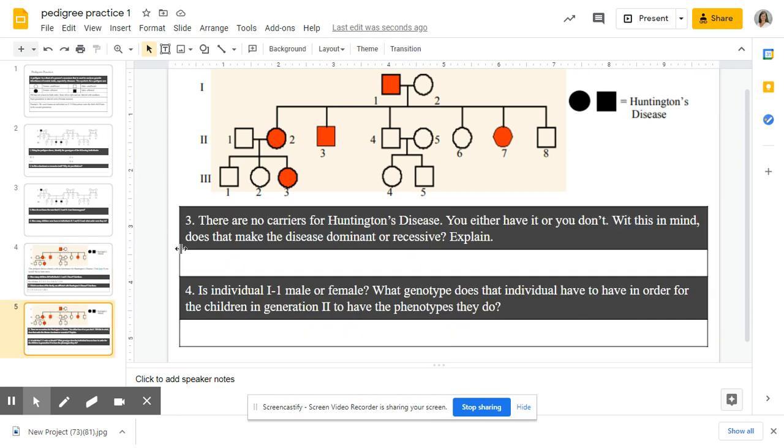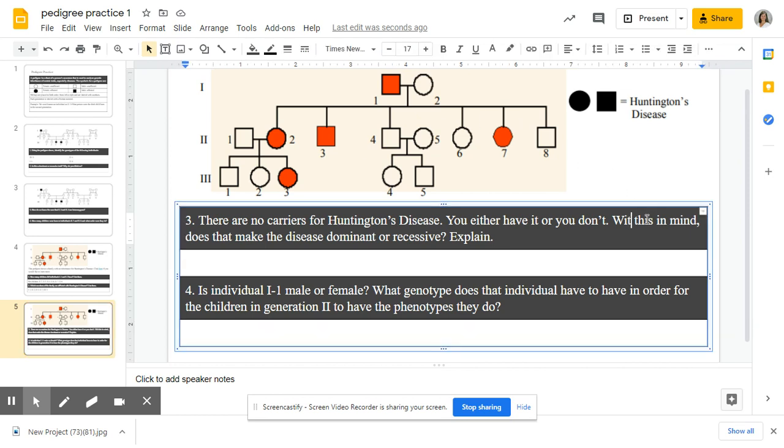Now, this next question, let's pay close attention to it. It says there's no carriers for Huntington's disease. You either have it or you don't. So with this in mind, does that make the disease dominant or recessive? So think about it for a minute. You either have it or you don't. So that means if you're homozygous dominant or heterozygous, you have one trait.